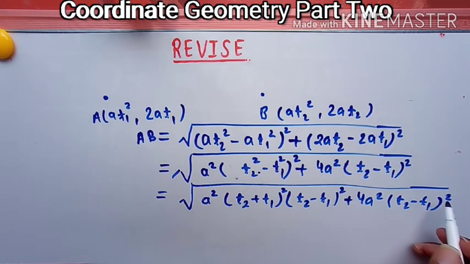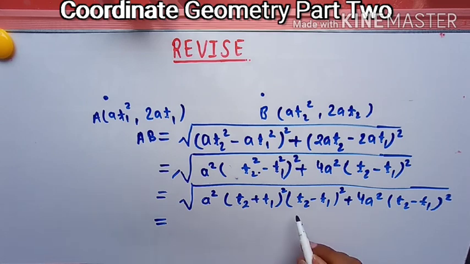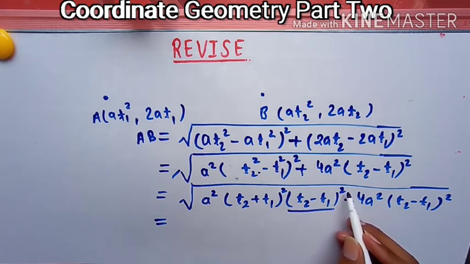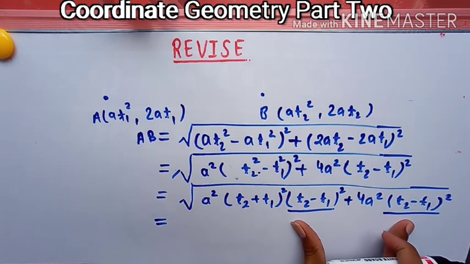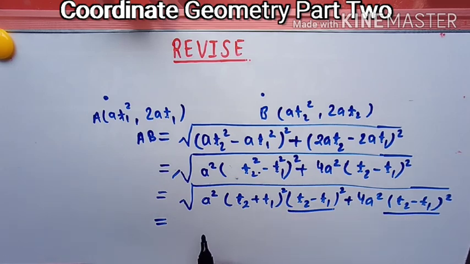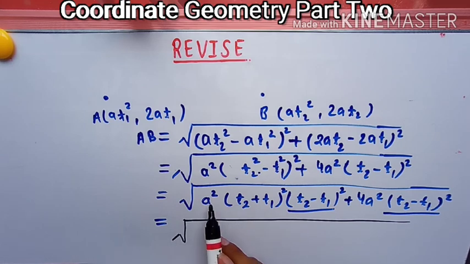Now look here, you have to choose common one more time. T2 minus t1 whole square here, t2 minus t1 whole square here. Let me change the color of the pen. So let's take them as common. Okay, what you will get? And look, a square and 4a square, you can also take as common. So how many things are getting common?